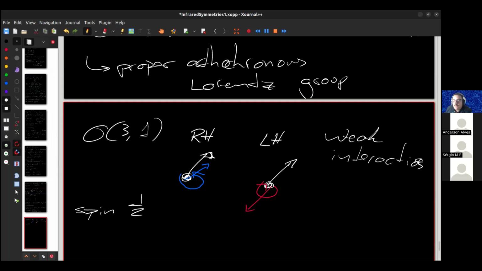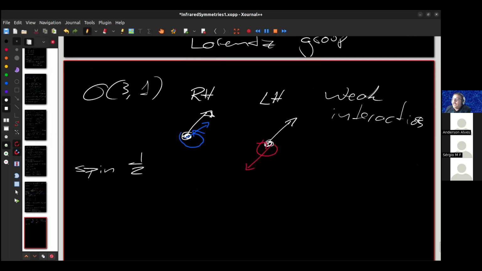And it turns out, for reasons that only nature knows, that the weak interactions only occur for left-handed particles. So if you have an electron that is rotating in this way, it is a right-handed electron, it will not interact weakly. If it is rotating in this way, it might.